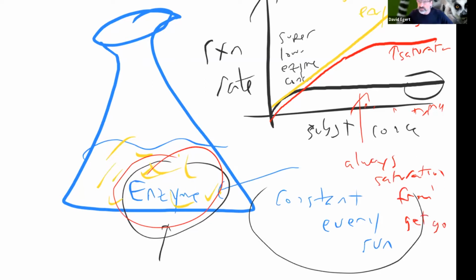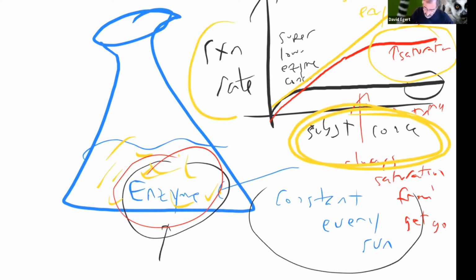You won't know exactly what your data is going to reflect until you actually do all the analysis. You will not know whether you reach saturation in this experiment until you make this graph of substrate concentration versus reaction rate and see what it looks like.